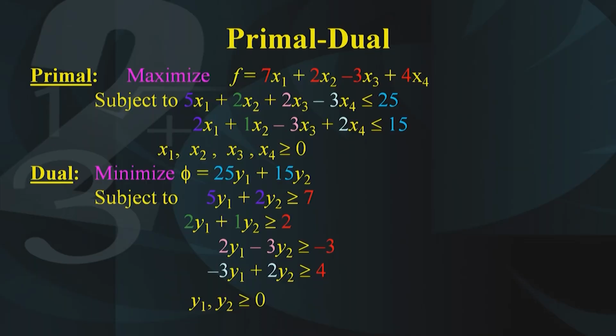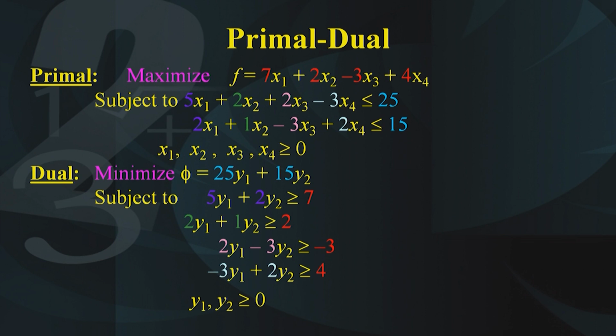Another difference you will observe is regarding the sign of the inequalities. In the primal, we have less than or equal to sign in the constraints. Now, this has become greater than or equal to in the dual.